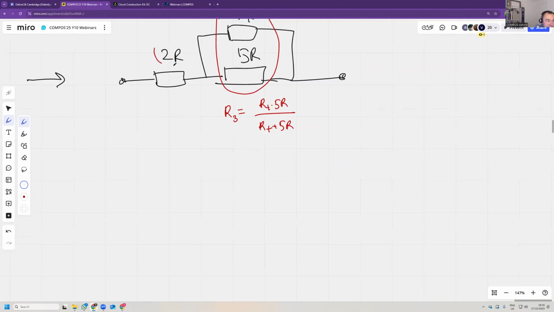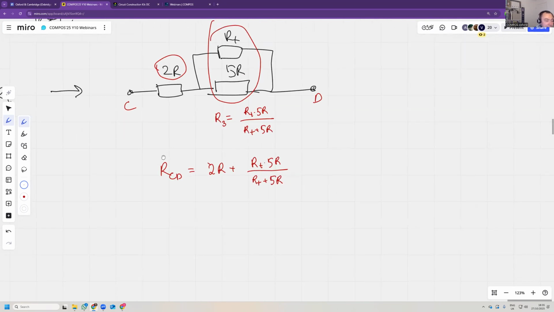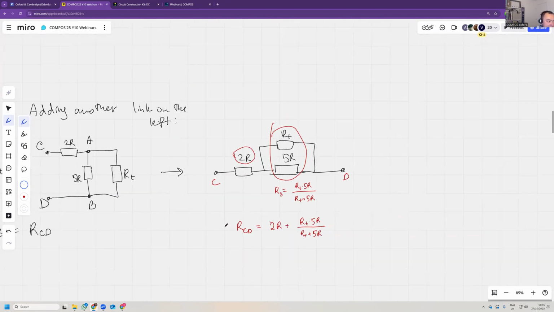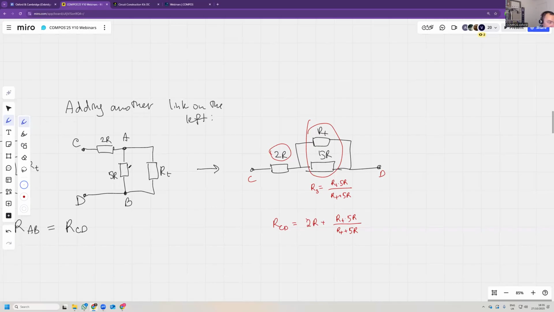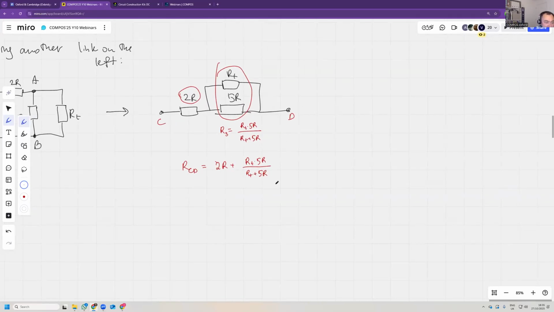And then plus this, so the total resistance across CD is equal to 2R plus RT times 5R divided by RT plus 5R. And we know that this resistance across CD is the resistance across AB, which is RT.